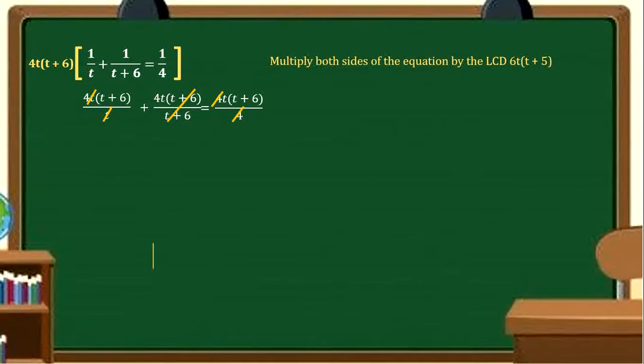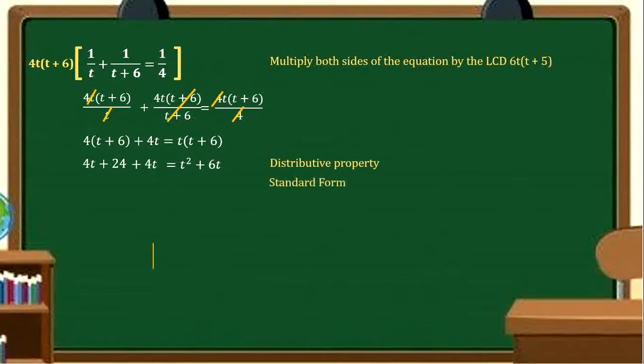So, ang matitira na lang 4 times T plus 6 plus 4T equals T times T plus 6. So, distribute. So, magiging 4T plus 24 plus 4T equals T squared plus 6T. Then, in standard form, we have T squared minus 2T minus 24 equals 0.